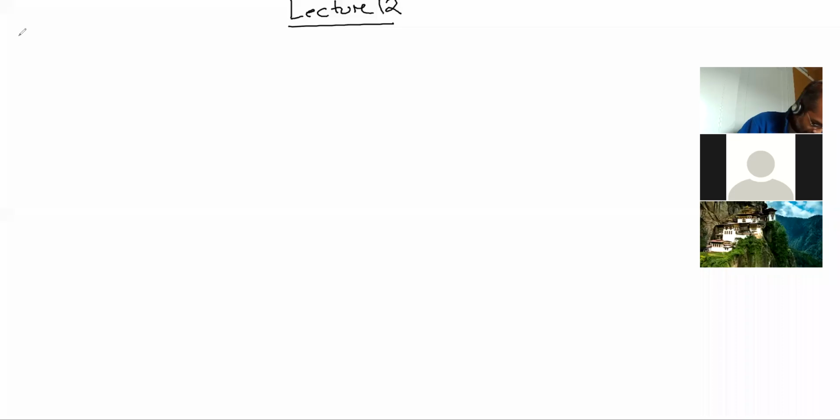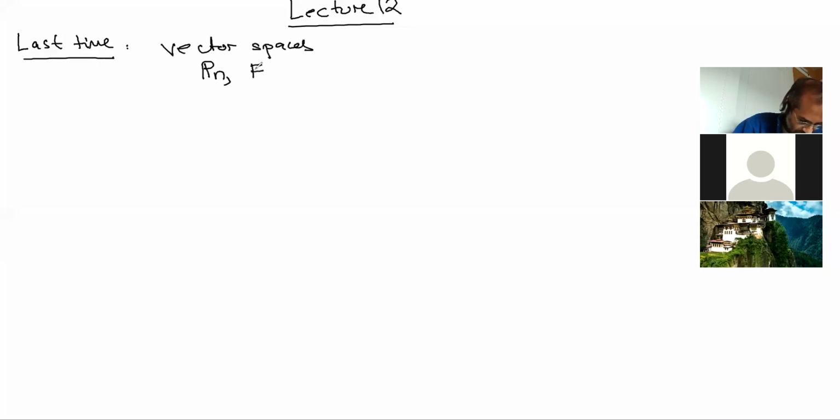Okay, so last time we entered this whole new world of so-called abstract linear algebra, where we talked about vector spaces. This included some new types of vectors that we hadn't seen before, for example, polynomials. Then we had a vector space of functions.